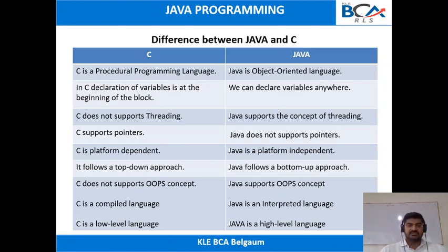The next difference: C does not support OOP concepts, while Java supports OOP concepts.